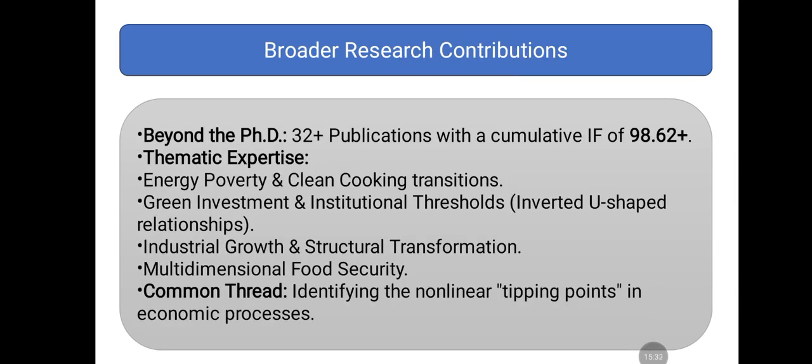Beyond my dissertation, I published 32 research papers related to energy poverty, clean cooking transitions, green investment, and institutional thresholds, where I especially proved inverted U shape and U shape relationships.